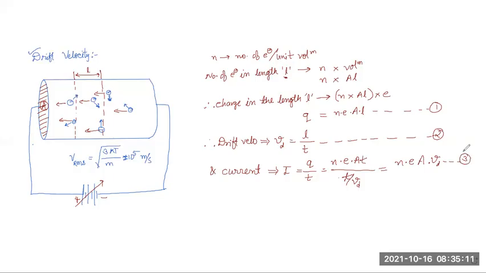Now, if we keep representing the values in different forms, I can make our drift velocity the subject. Taking equation 3, Vd will be represented as current divided by N into E into A. The same equation can also be written as current density J divided by N into E, because J, the current density, is current per unit area.